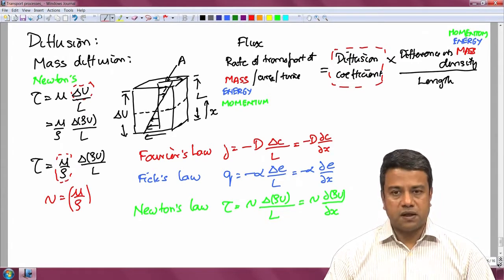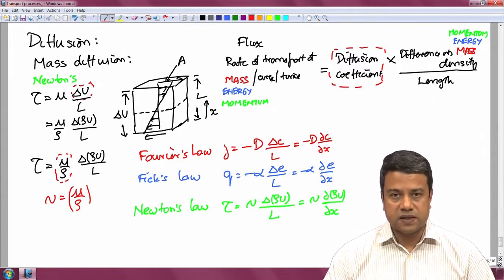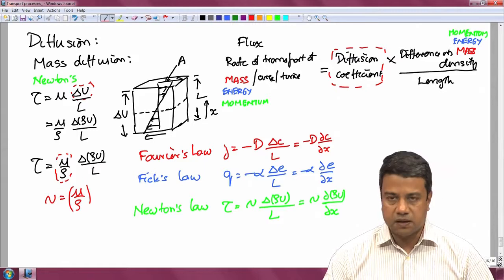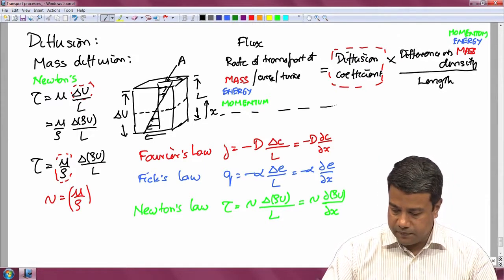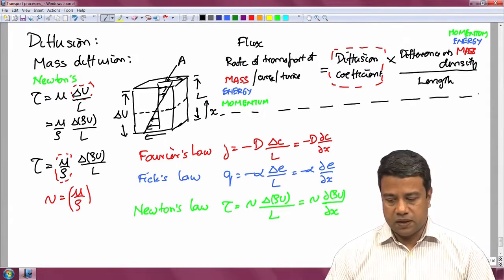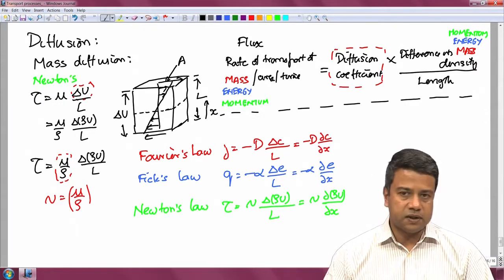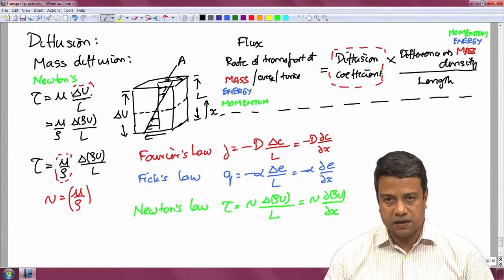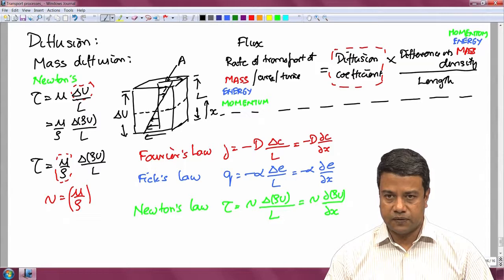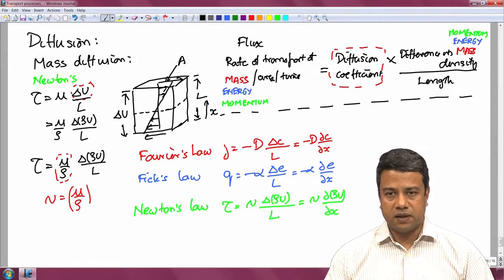And the rate of transport of all of these due to molecular fluctuations can be written in this common form. For any quantity, the rate of transport of that quantity per unit area per unit time is equal to a diffusion coefficient times the gradient in the density of that quantity, the density of that quantity per unit volume.